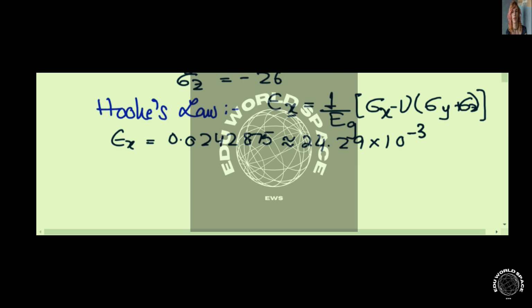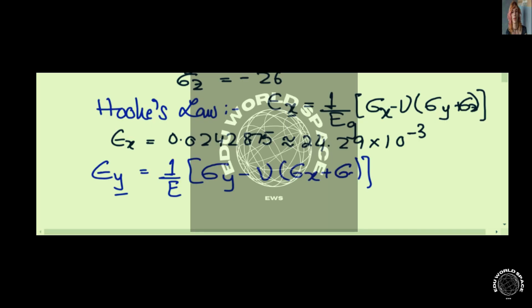Then we will do it for the y direction, right? So the equation for the y direction is 1 divided by E. Again, we are doing it for the y direction, so the stress for the y direction will be at the start of this square bracket, minus epsilon, then in the parentheses we will have the stress for the x direction and the stress for the z direction, right?